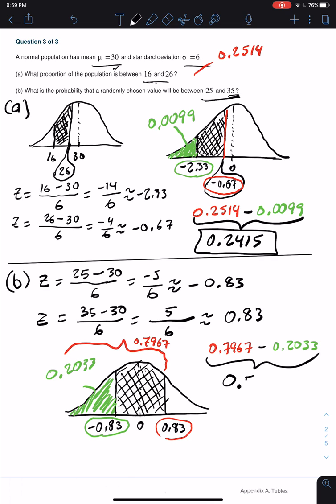Anyhow, the resulting area is 0.5934. Didn't mean to extend that one out so long, but there it is.